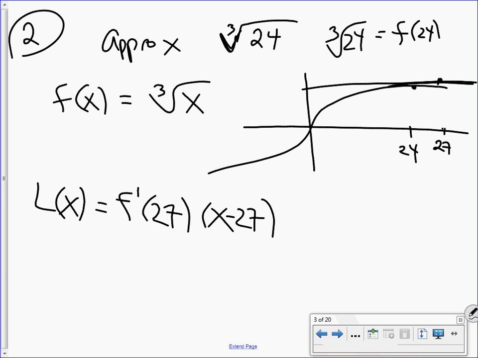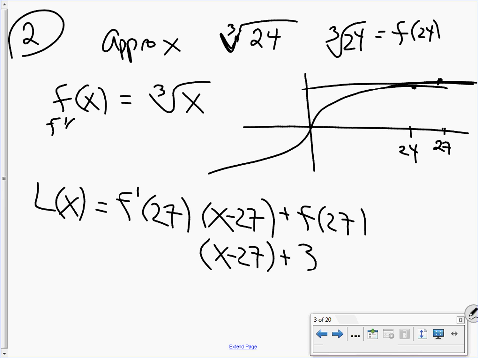Okay, and then what do we have at the end? Plus f of 27. Good. So to write the equation of the tangent line, we have to know the slope and the y one. So what's f of 27? That's the easier one. 3. Cube root of 27 is 3. So now we just got to get the derivative so we can get the slope.